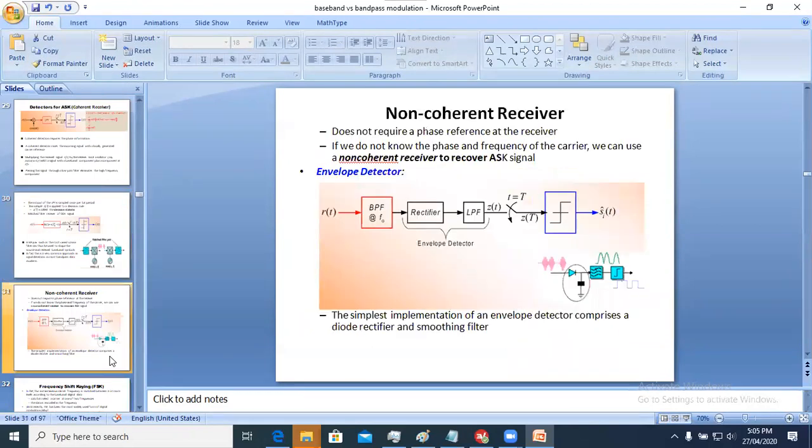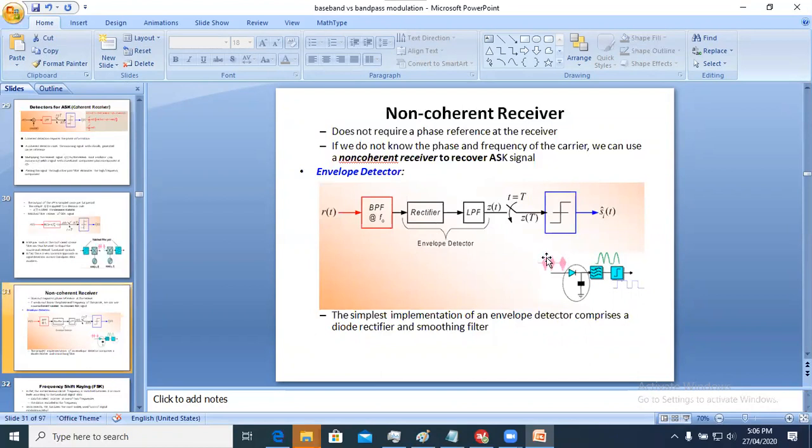But in non-coherent detection, we use a rectifier and a low pass filter. So in fact, after band pass filtering the signal, we use the rectifier to rectify the negative component of the signal.